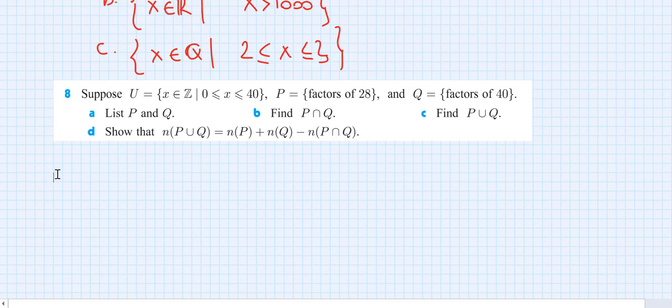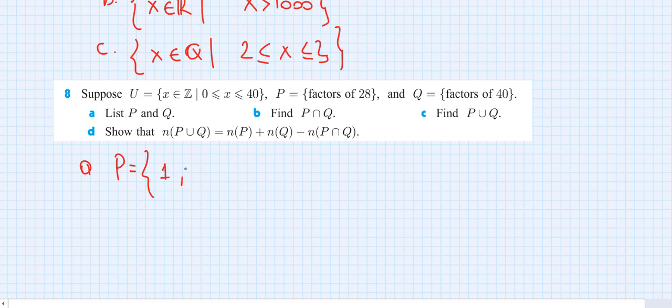So question number 8, let's check question number 8. What does it say? Suppose U is the universal set, x are integers between 0 and 40, and we have some sets: P, factors of 28, and Q, factors of 40. List P and Q. Okay, let's do one by one. Let's list P. What are the elements of P, the factors of 28?